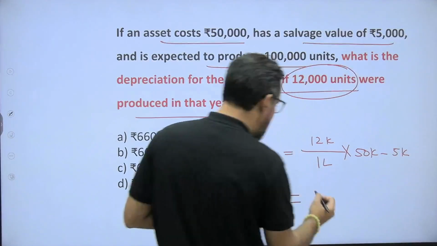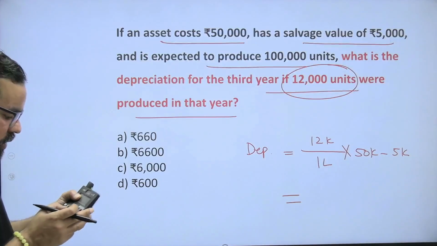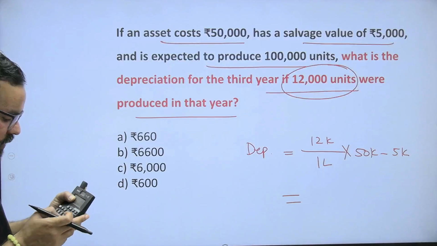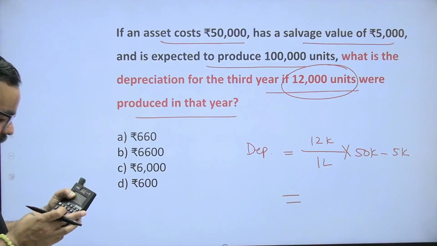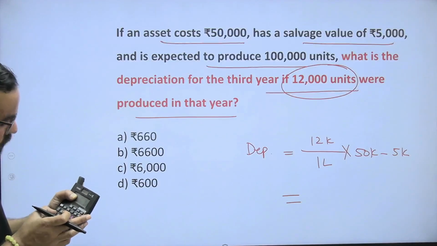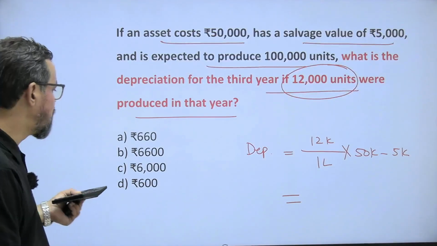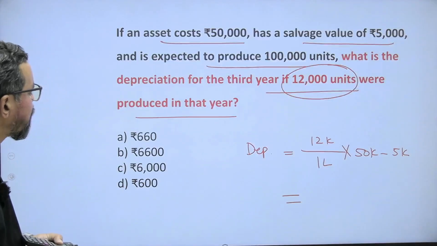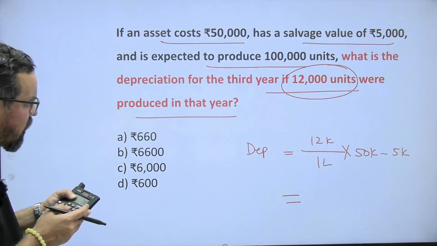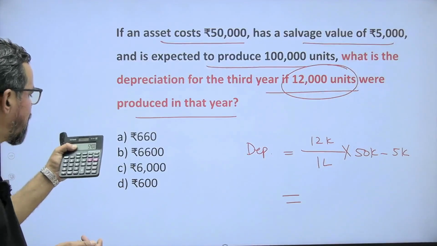So the outcome is 12,000 divided by 1 lakh into 45,000. So it is 5,400. It should become 5,400. Am I making any mistake here? 12,000, 1 lakh, 45,000. It should become around 5,400.